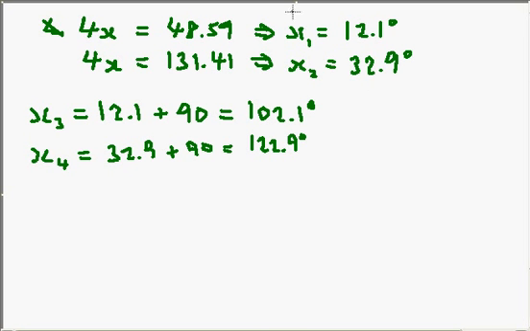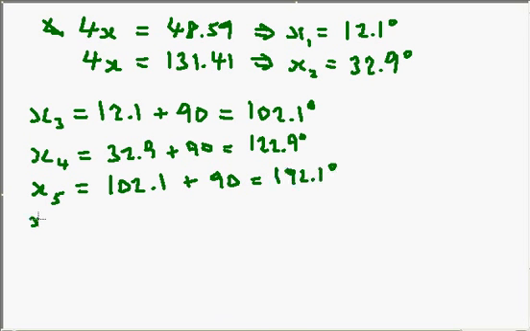So there are 4 solutions out of the 8. Fifth solution: I'll take the 102.1 and add another 90. That's 192.1. Now I'm going to take that 122.9 and add another 90, and that's going to get me 212.9.